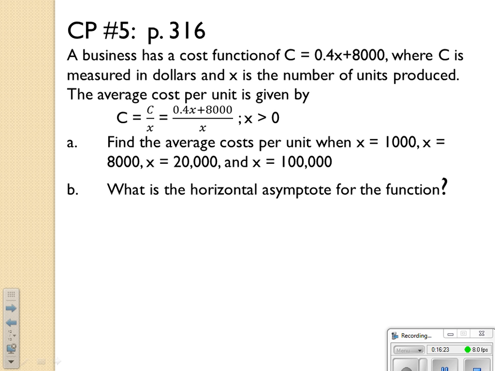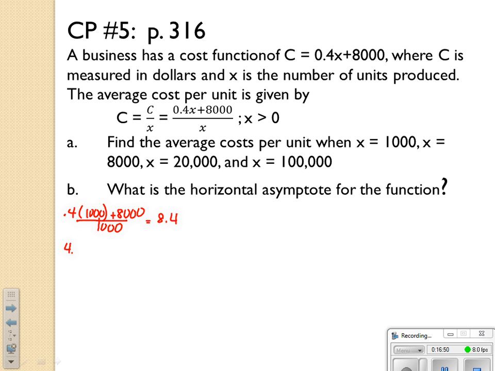All right, so using our model, we're going to find the average cost per unit when we have 1,000 units, 8,000 units, 20,000 units, and 100,000 units. Okay, so doing our math, this one calculates to 8.4.